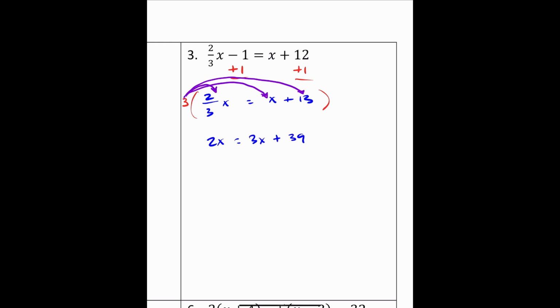So now I can go ahead and subtract both sides by 3x here. So 2x minus 3x, that's going to be negative 1x equals 39. We're not done yet. Remember, we're solving for x, not negative x. So I will divide both sides by negative 1. So x equals negative 39. That is your answer for number 3.